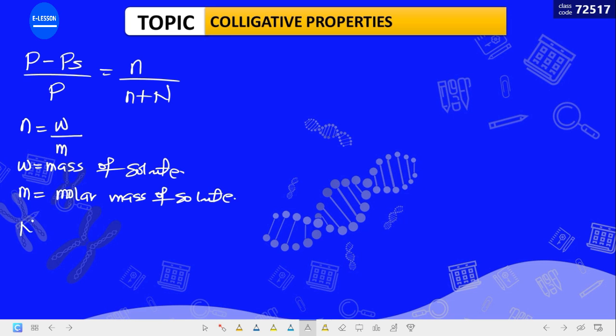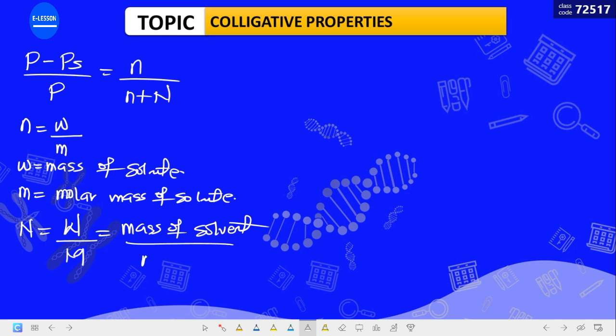And then our capital N is equal to capital W all over capital M, where capital W is the mass of solvent, all over the molar mass of solvent. I believe this is what we'll be using to calculate the number of moles.